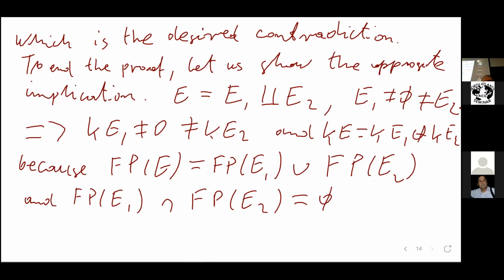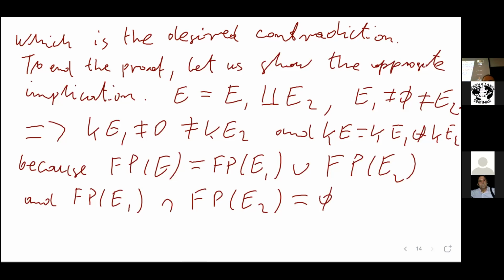And the fact that these two subalgebras intersect to 0 comes from the second property. Because the basis is FP(E1) for KE1, and the basis is FP(E2) for KE2, and the basis sets intersect to the empty set, indeed the intersection of these two algebras is 0. And finally, do we multiply component-wise?